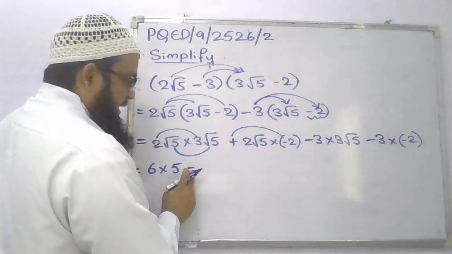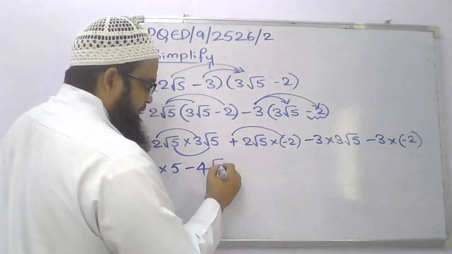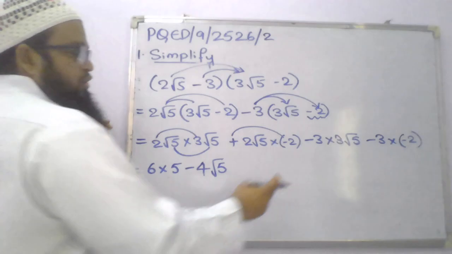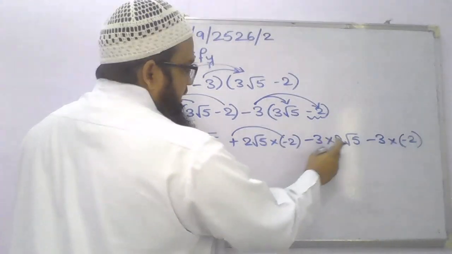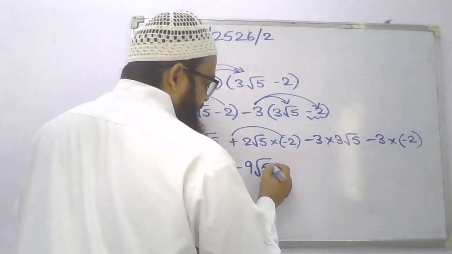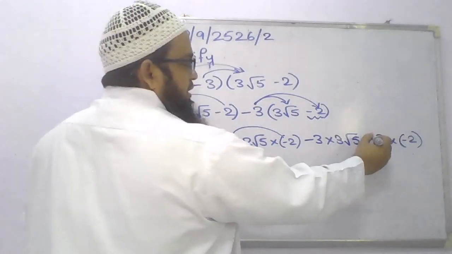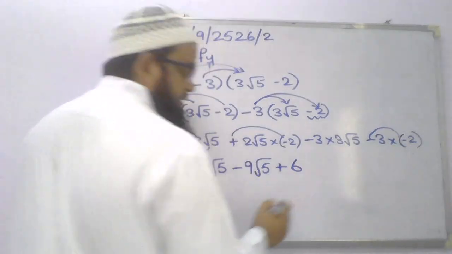So plus into minus is minus, 2 twos are 4 and root 5. Now you have minus and it is plus, minus into plus is minus, 3 threes are 9 and you have root 5. After that here minus of minus is plus, 3 twos are 6.